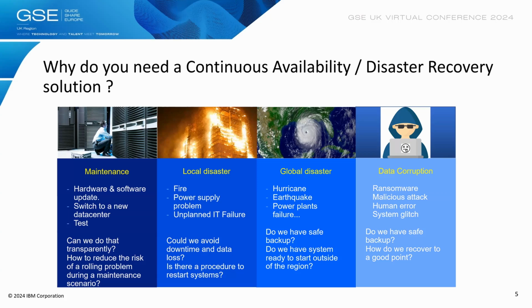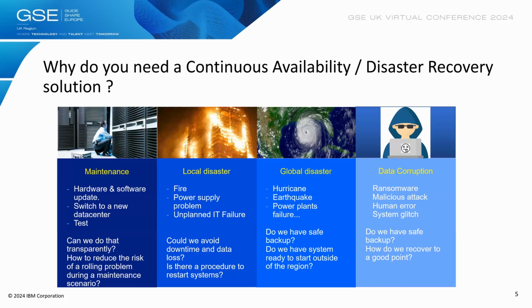Global disasters are also part of the risk that could cause IT operation interruption, such as major climatic hazards like hurricanes, earthquakes, and so on. That could be more or less likely depending on the region where the data center is located, of course. In this case, it's important to have a safe backup of the data outside of the affected region and also procedures in place to be able to recover the operation safely and quickly away from the affected data center.